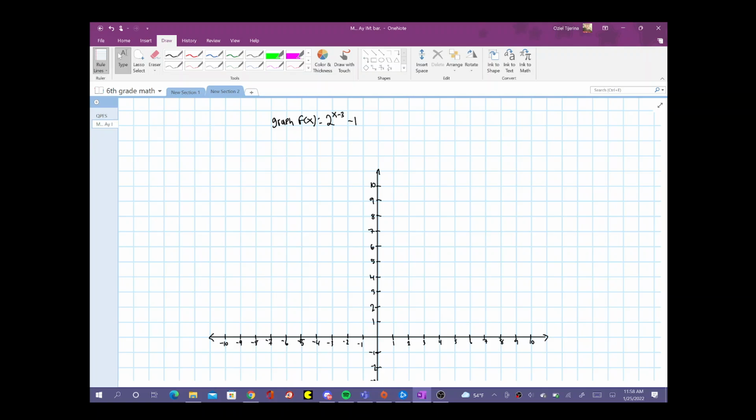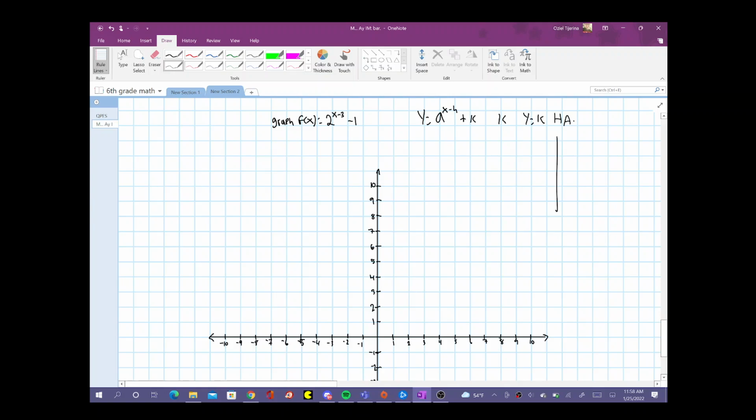Basically, one of the things that I really want to emphasize here is that anytime you have a^(x-h) + k, anytime you have it of this form, you're basically going to say that y = k is your horizontal asymptote.